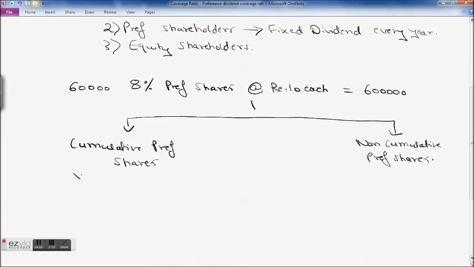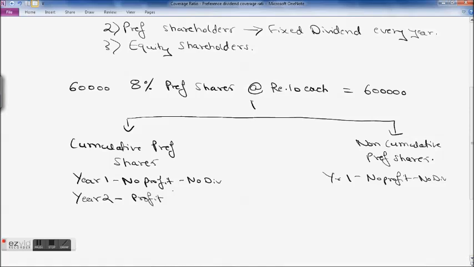Okay, so what do you mean by a cumulative preference share? Suppose in year 1 there is no profit, so no dividend is paid. Then in year 2, suppose there is sufficient profit to pay the dividend, then in case of cumulative preference shares, the dividend is paid for 2 years, that is year 1 and year 2.